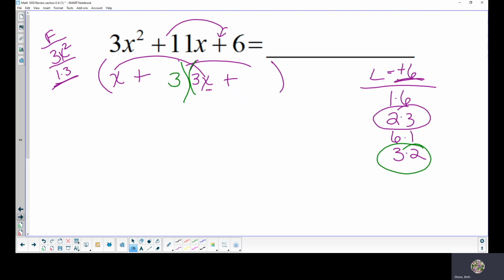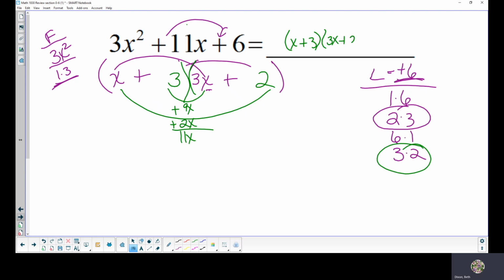So let's put a 3 and a 2, and the outside then would be these two, the inside would be these two. And so the inside would be 9x, the outside would be 2x, and 9x plus 2x would be 11x, and that matches. So our answer would be x plus 3 times 3x plus 2.